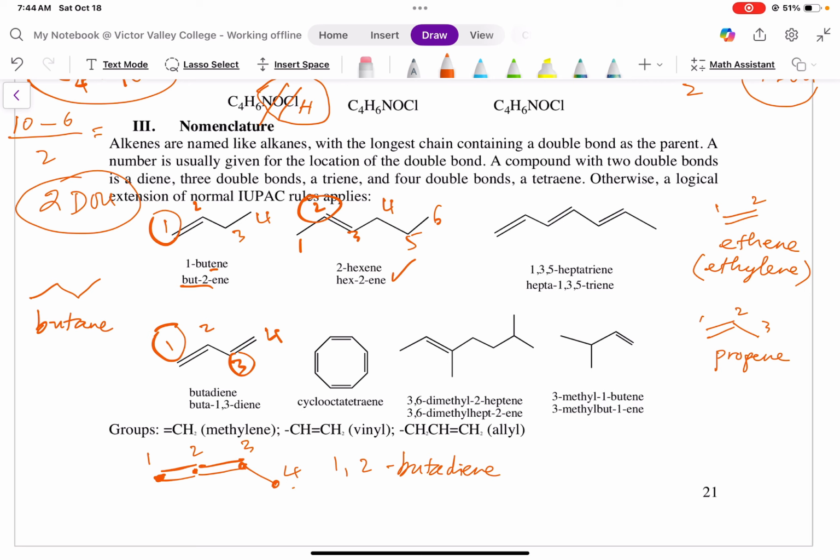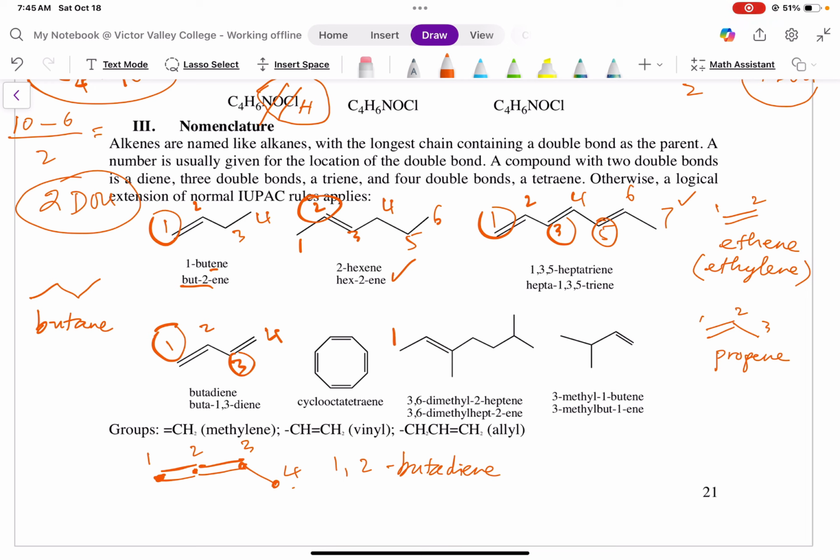And we have 1, 3, 5. 1, 3, and 5-heptadiene because it has a total of 7 carbons. We also have cyclo, so it's cyclooctatetraene. Okay, it's all evenly distributed, so we don't have to number it.